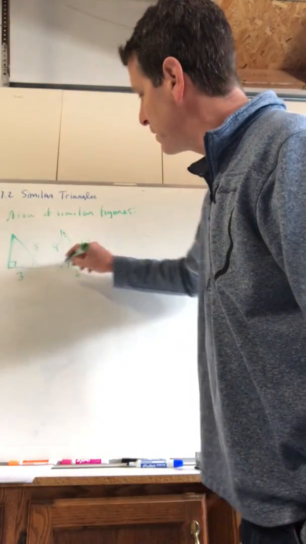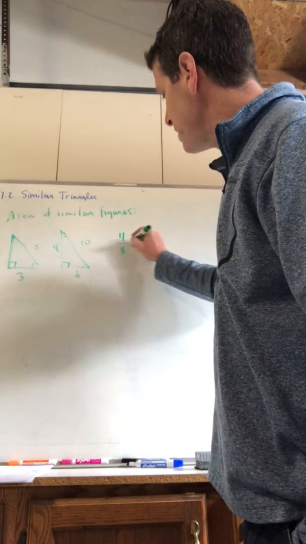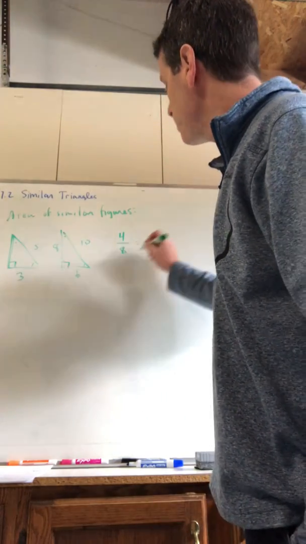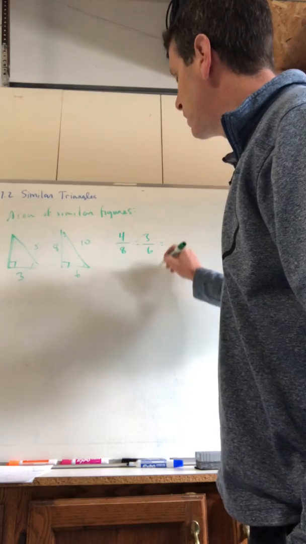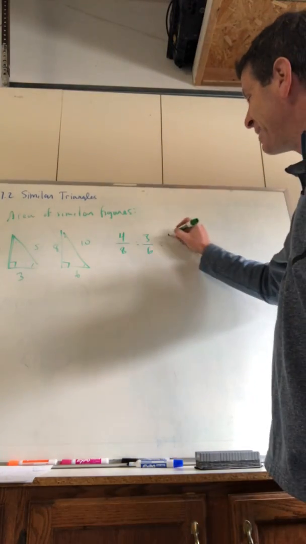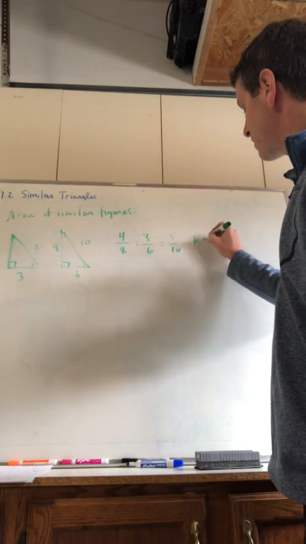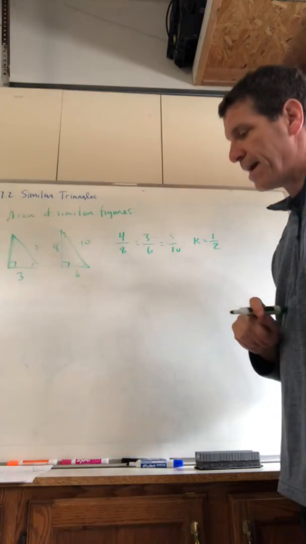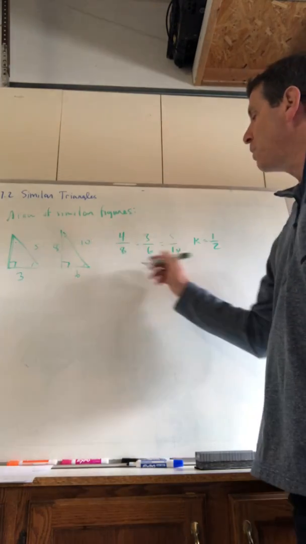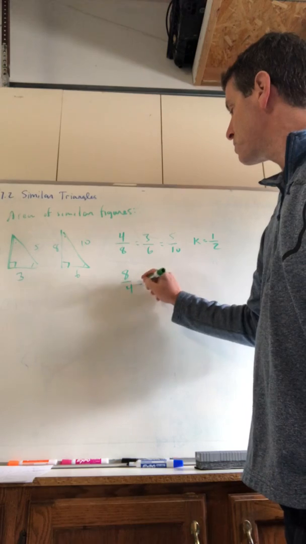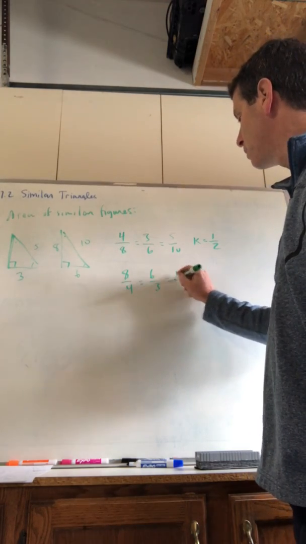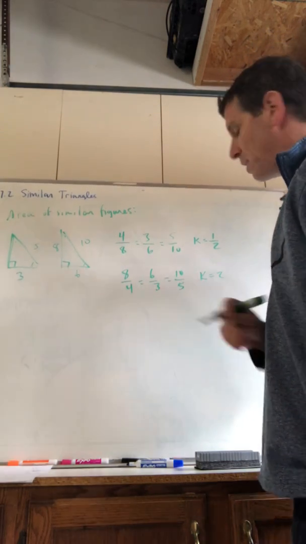So left side to left side, 4 to 8. Bottom to bottom, 3 to 6. Slant to slant, 5 to 10. We have a scale factor of 1/2. Or if you did it in reverse, no biggie, we get a scale factor of 2.